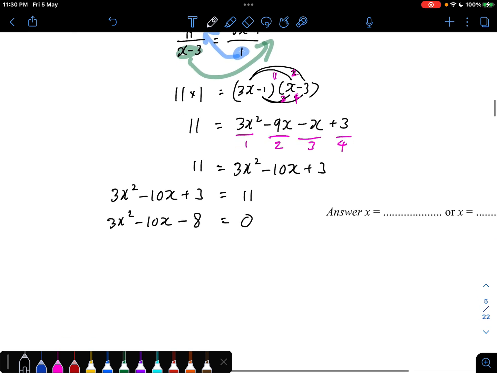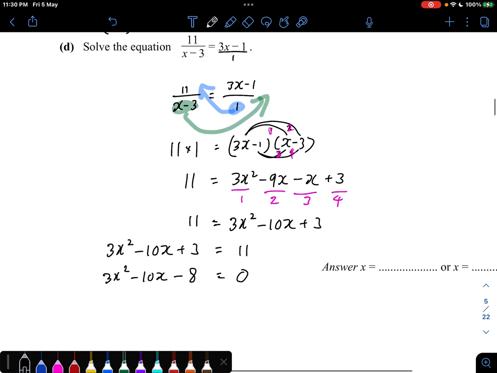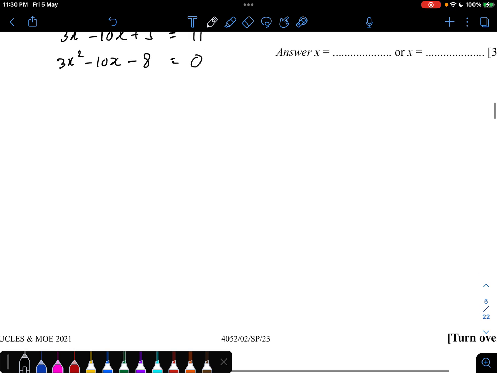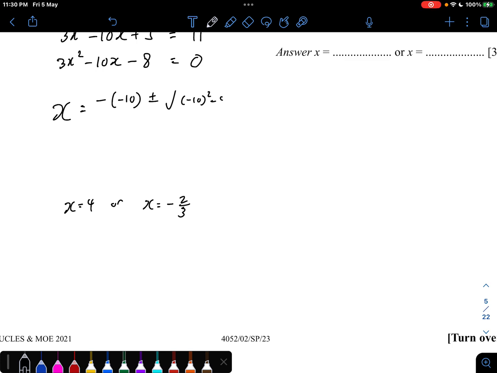Done. Not done, because we need to solve the equation. Now that you have a quadratic, just use a calculator. Key in the coefficients: 3, minus 10, minus 8. You end up with x equals 4 or x equals negative 2 over 3. At this stage, if you want to show more working, you should actually write down this: negative b plus minus square root of b squared minus 4 times a times c, all over 2 times a.